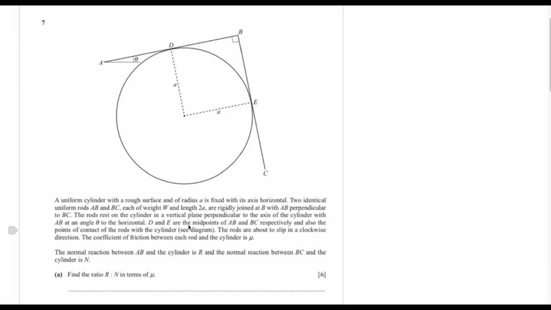D and E are the midpoints of AB and BC respectively, and also the point of contact of the rod with the cylinder. So it's the midpoint, and at the same time, it is the point of contact.